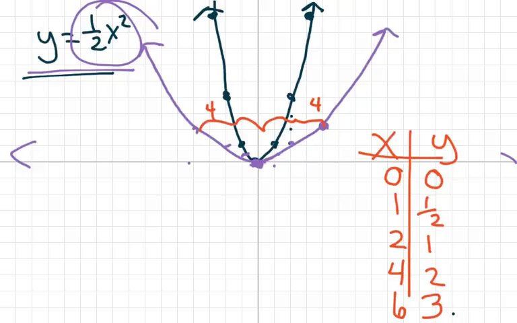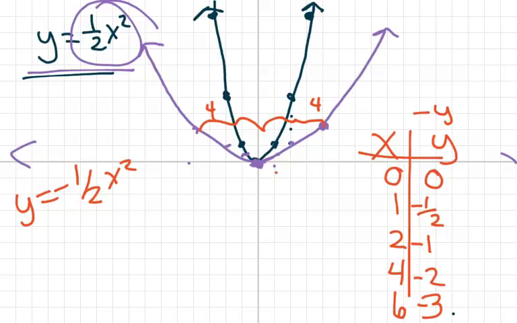Now if you want to do negative, let me see if I can squeeze a negative in here. You're going to graph this same thing, but all of these signs, the y is going to be negative. So it's just making your y negative. So I'm just going to make all this negative. My x is the same, and I'm just flipping this over. So I'll do this in, well, I can do it in red.